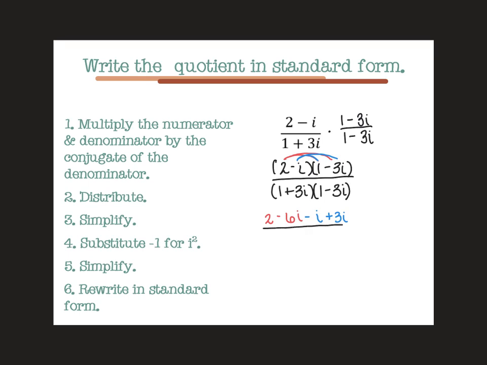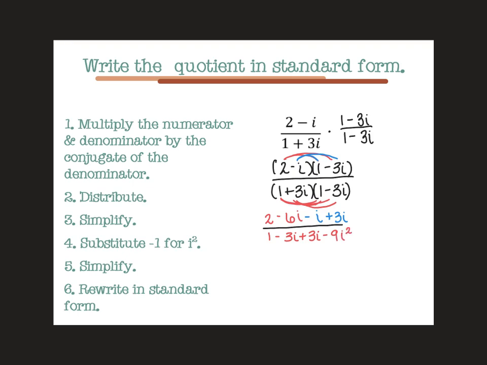In my denominator, I would get 1 minus 3i plus 3i minus 9i squared.